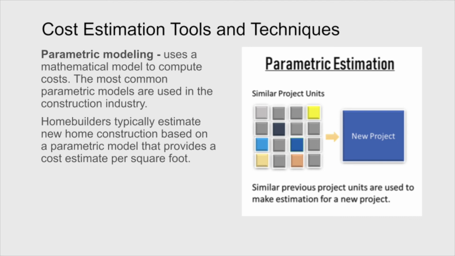We say, well, this project that we're doing now has this unit and that unit. So we pull out the units and estimate our current project based on the unit costs of previous projects. So it is looking backwards at previous projects, but instead of looking at them at a holistic level, we look at them at an individual level.